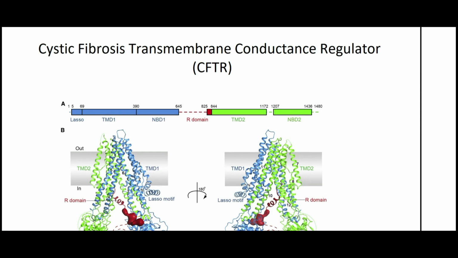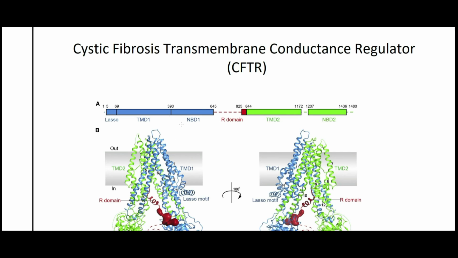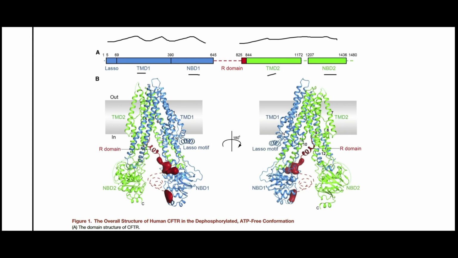And so this has these two sort of subunits here. So this one and this one, with the transmembrane domains and the nucleotide binding domain. So this is actually an ATP regulated protein here.